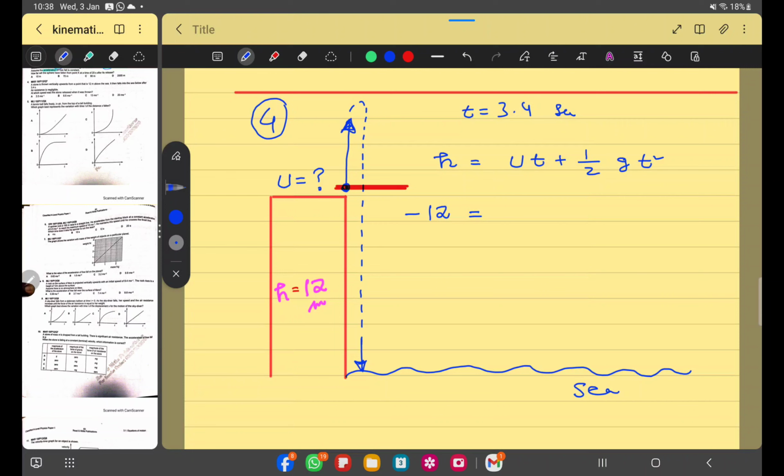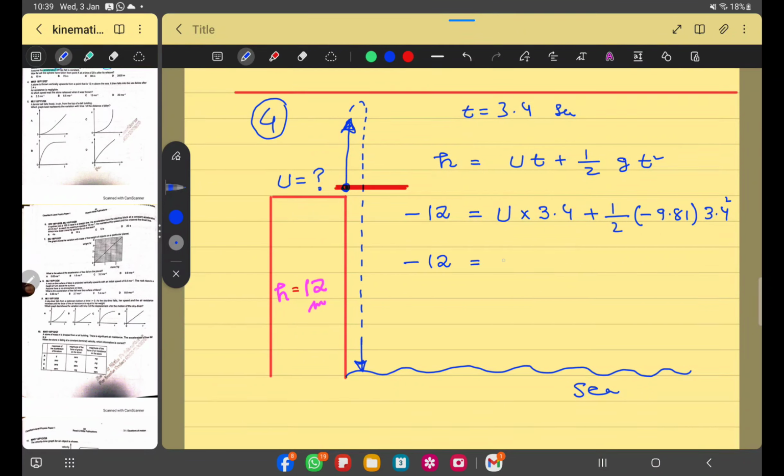So I am taking height as minus 12. Initial velocity we have to calculate. Time is 3.4 second. The object is thrown upward, so g is considered minus 9.81 and time is 3.4 square. And now I am solving.